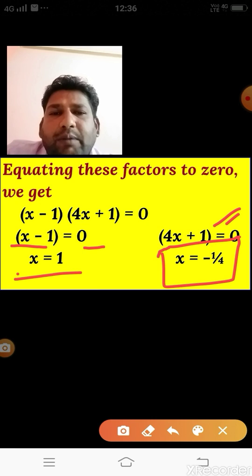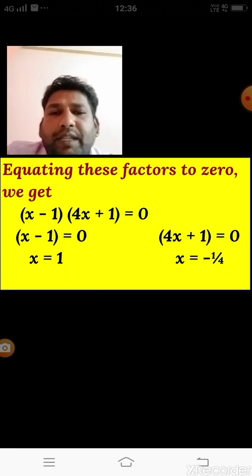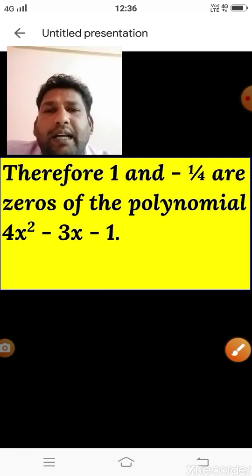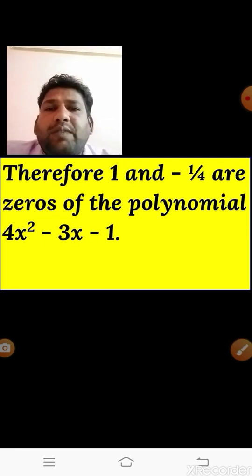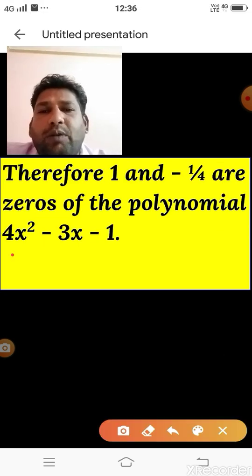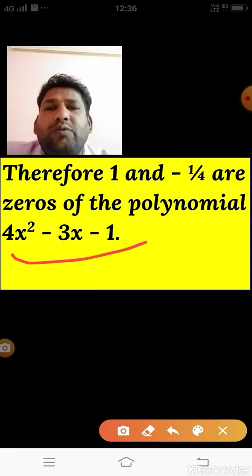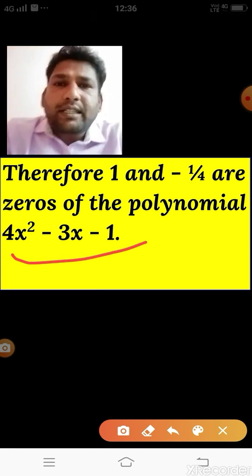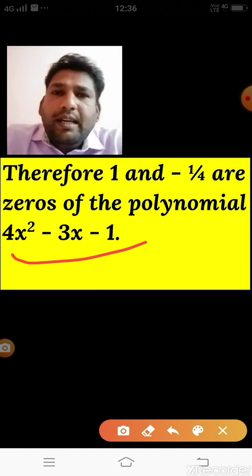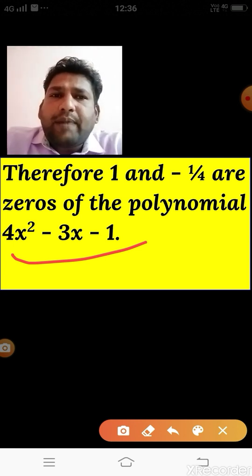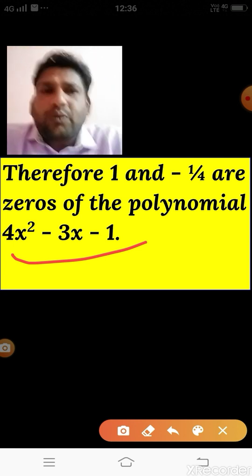So easily we are able to tell the zeros of this given quadratic polynomial are 1 and minus 1 by 4. We have a quadratic polynomial 4x square minus 3x minus 1, and we are able to find the zeros of this polynomial by making the factors and by equating them to 0.